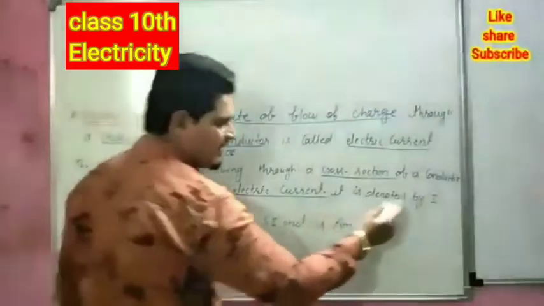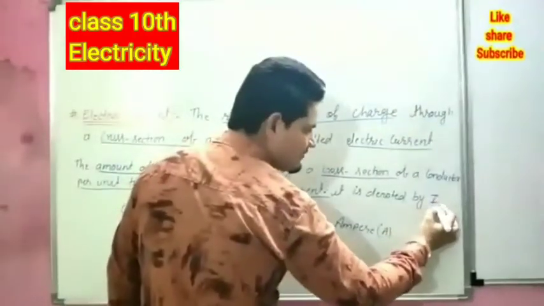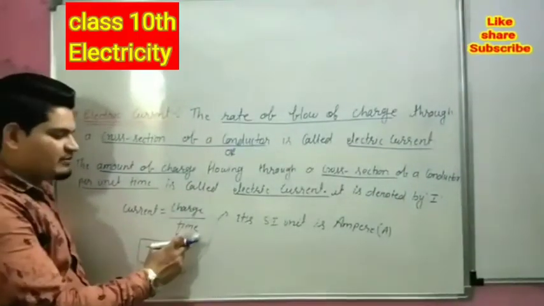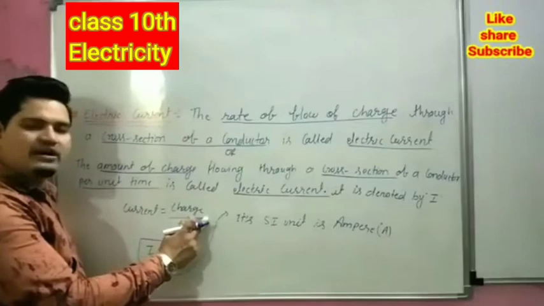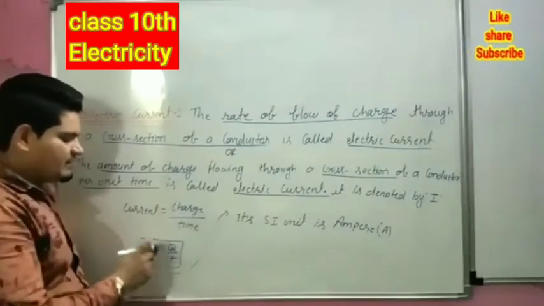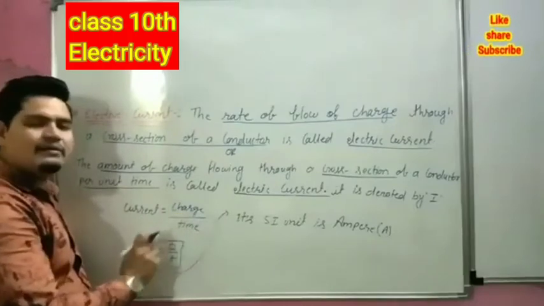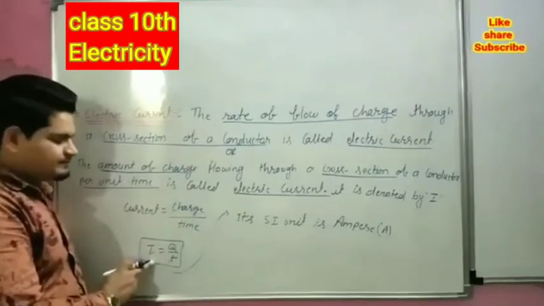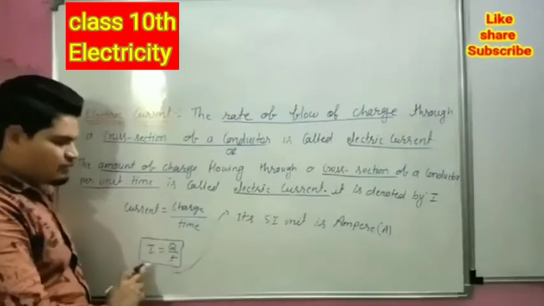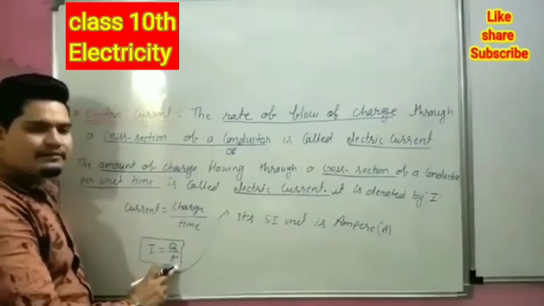It is denoted by I. So current is charge per unit time, the ratio of charge to time. Current is denoted by I, charge is denoted by Q, and time is denoted by T. So I is equal to Q upon T.